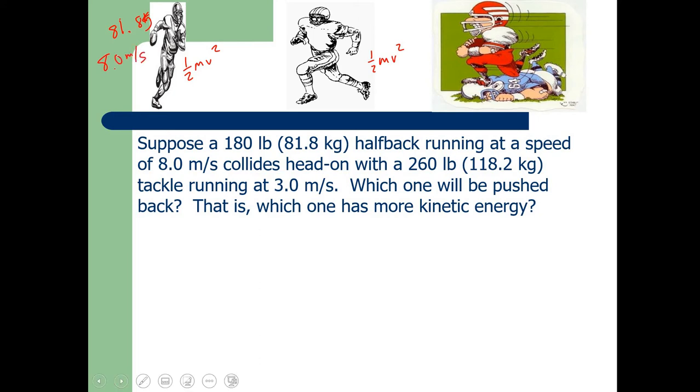And this guy right here is the 118.2 kilograms, running at 3.0 meters per second. This is in units of joules, right? Yes. So you want to pick a velocity first. So for this one, we'll do 8, times the mass.